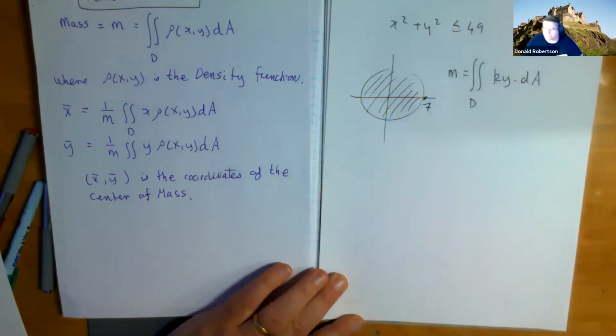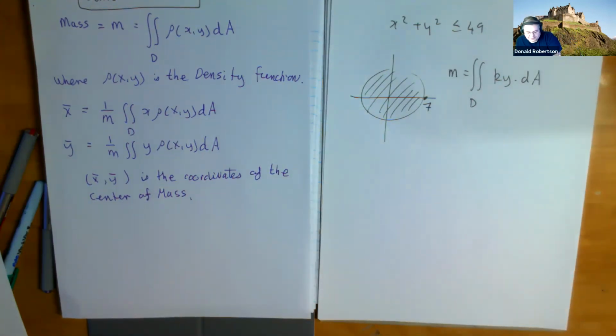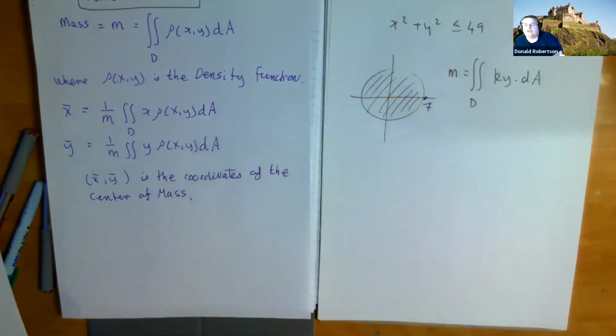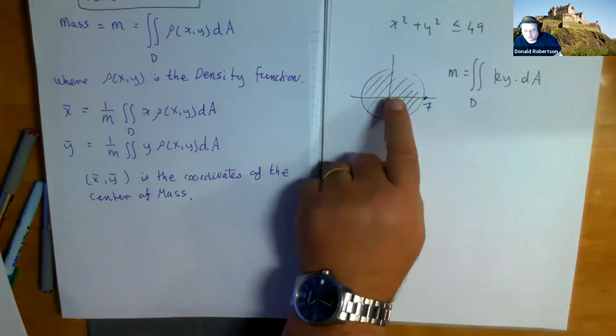We'll call it dA, right? That's the generic version. Based on what you see here, do you think this might be a candidate for using polar coordinates rather than sticking to the x's and y's? Can you see that the math is going to be much easier in polar?